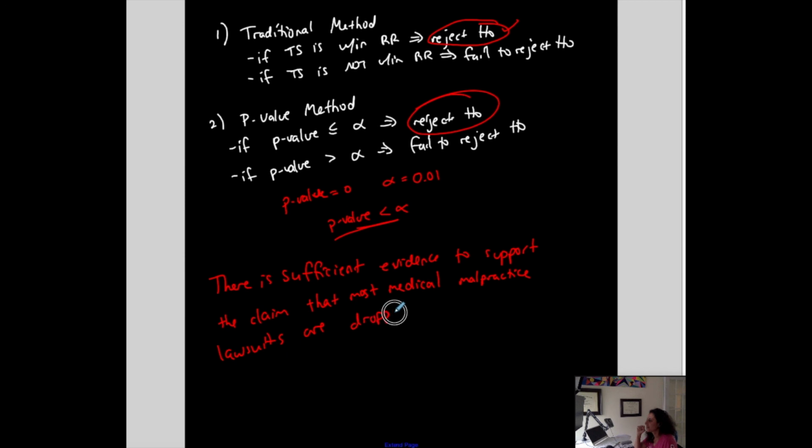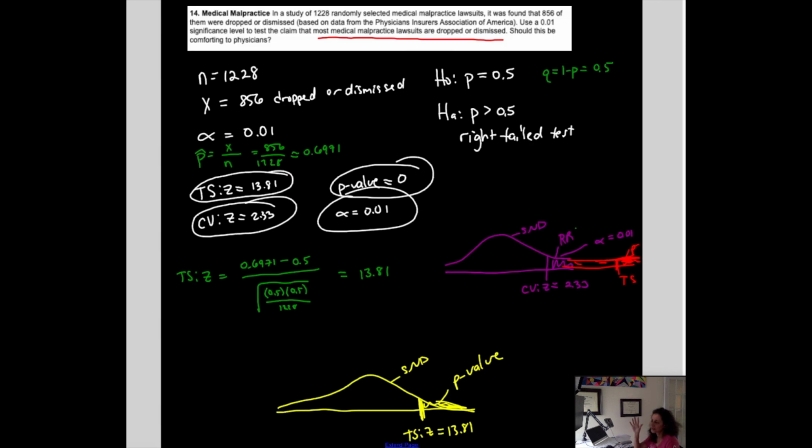There is sufficient evidence to support the claim that most medical malpractice lawsuits are dropped or dismissed based on the fact that we are rejecting the null from all my different tests. And when I reject this, I support this, which states that P, the population proportion, which represents the proportion from the population that out of medical malpractice lawsuits that are dropped or dismissed, saying that it's more than 50%, which would imply most.